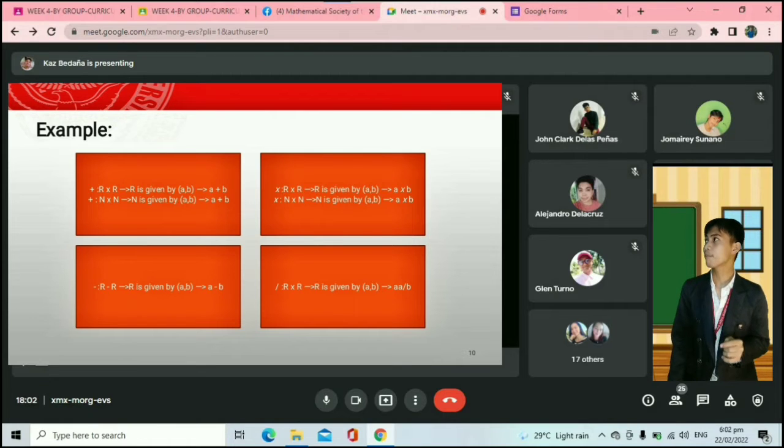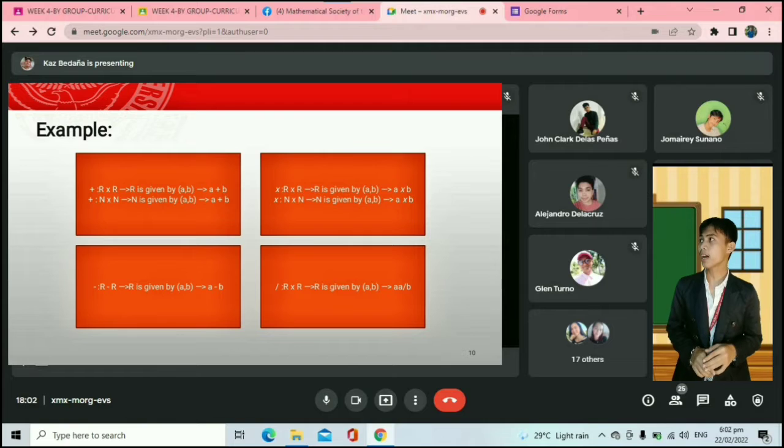Then next, let us show that subtraction is a binary operation on real numbers. If we subtract two operands which are real numbers a and b, the result will also be a real number. But the same does not hold for natural numbers.